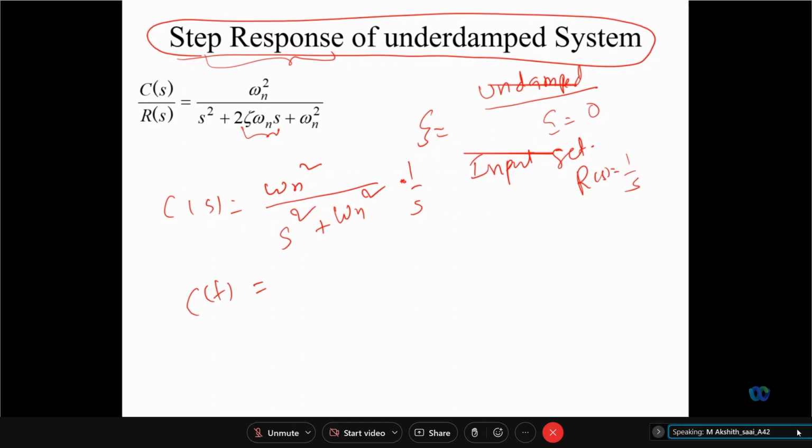Now tell me what is the inverse Laplace transform of omega n square by S square plus omega n square? Sin omega nt or cos omega nt?